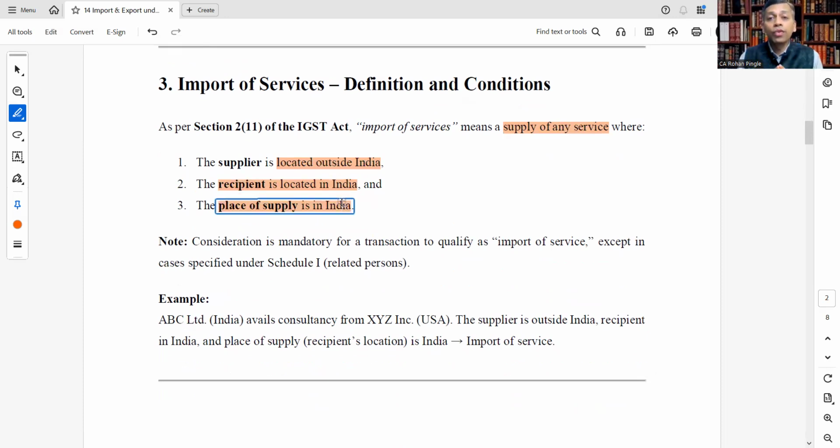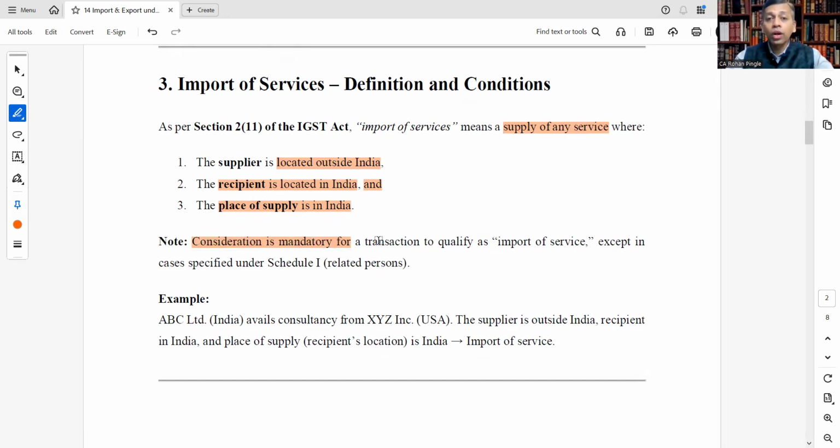What needs to be fulfilled to be covered under import of services? Supplier located outside India, recipient located in India, and place of supply to be in India. When all these three conditions are met, then only it is treated as import of services.